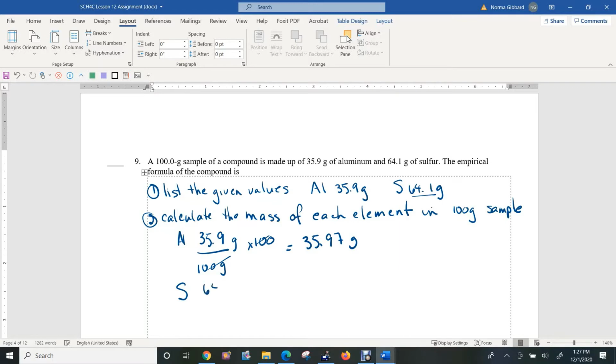So 64.1 grams divided by 100 times 100, and that's going to be 64 grams. Okay, so as a percent, aluminum is 35.9% and sulfur is 64%.